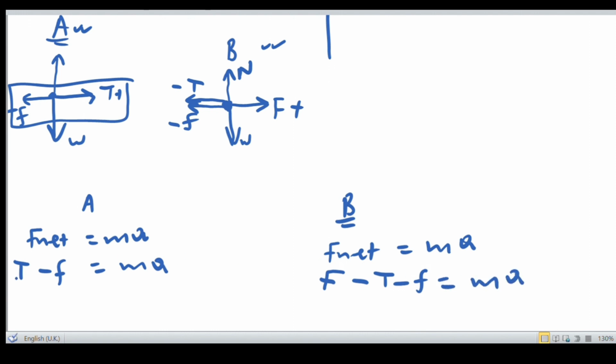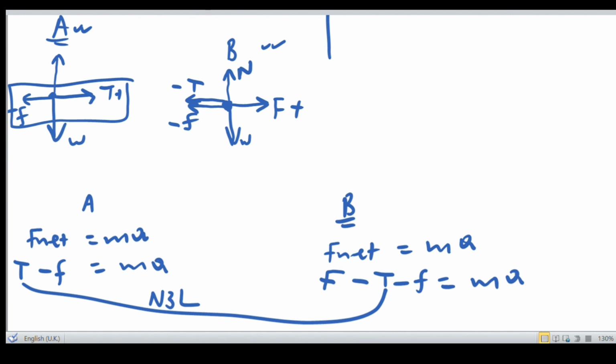Now, if you look at the tension, the signs are not the same: here we have negative and here we have positive. That is Newton's third law of motion. These forces are equal in magnitude and in the opposite direction.